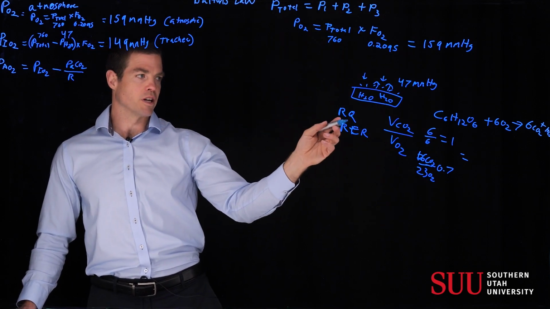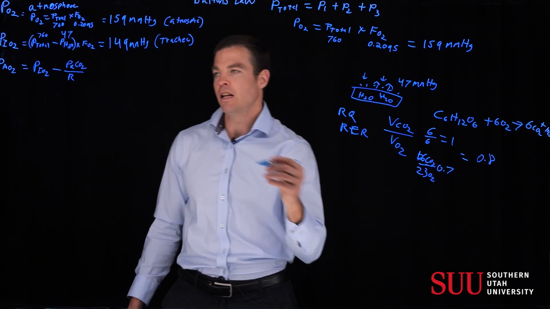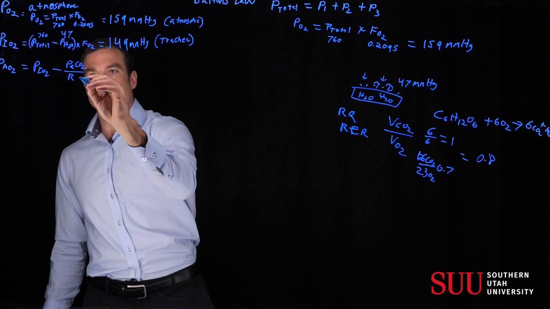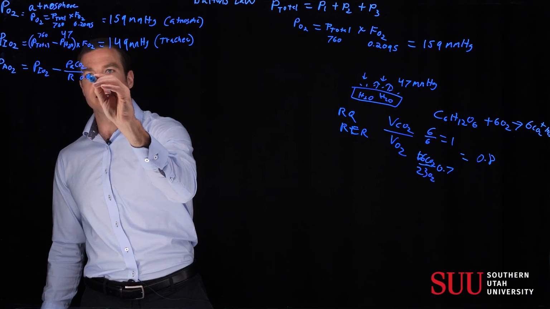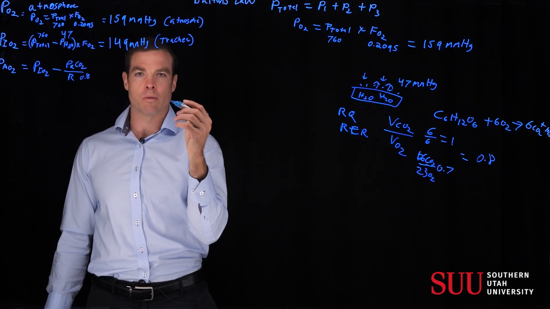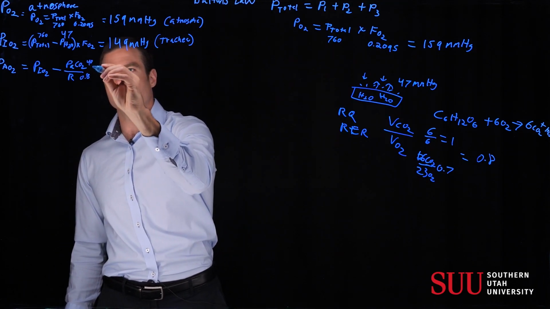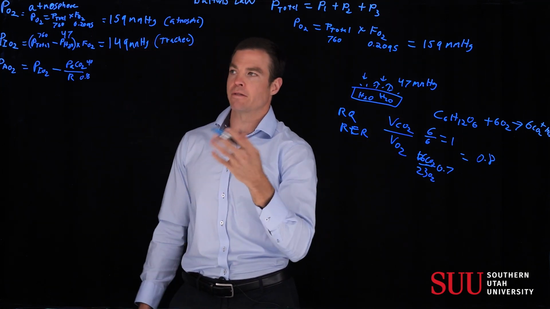We're going to use 0.8 here. So we put 0.8 right here. Your PaCO2, when we measure that, is typically around 40 millimeters of mercury. So we'll put 40, okay? So 40 divided by 0.8 is 50.